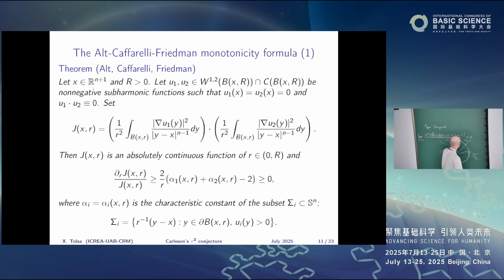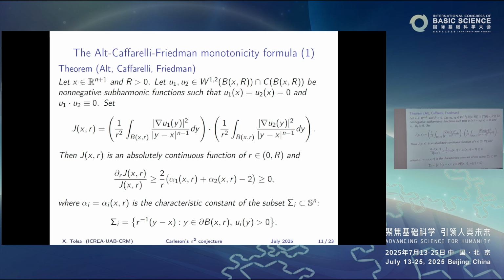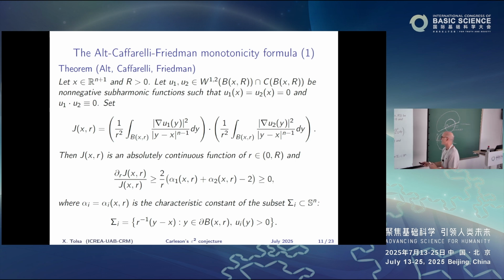So this is this part of the sphere. But translated, this sphere has center x and radius r. Then we do a dilation and translation so that we put this subset into the unit sphere, right?